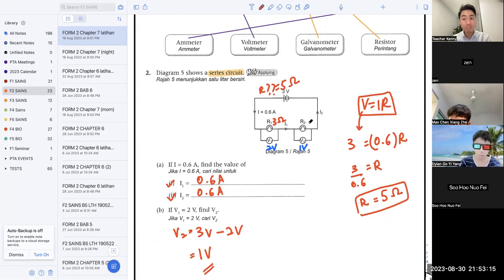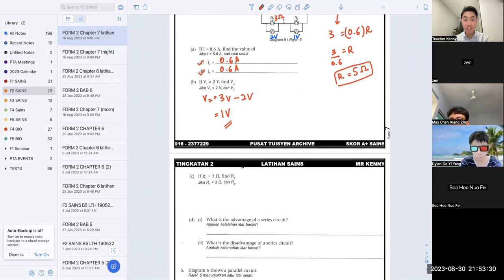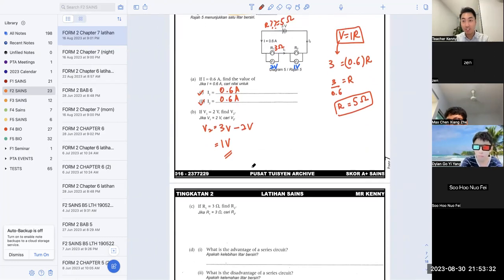So students, can you find the mini R over here? If I'm fighting for 3, how much am I fighting here to give a total of 5? Right? So, takes time. So we're going to figure out the first one first. We're going to write this formula in. Okay, V equals to IR first.